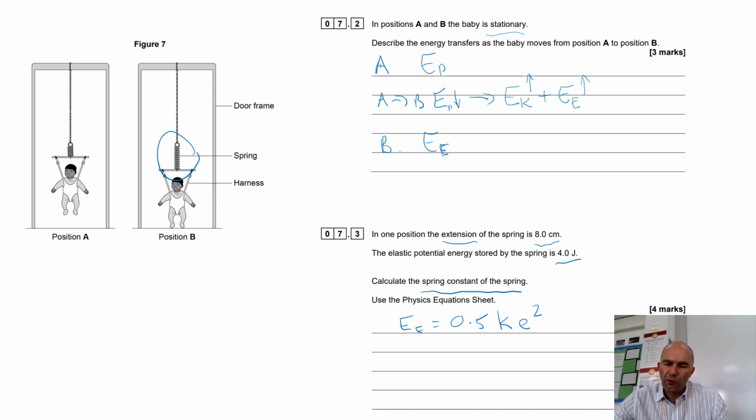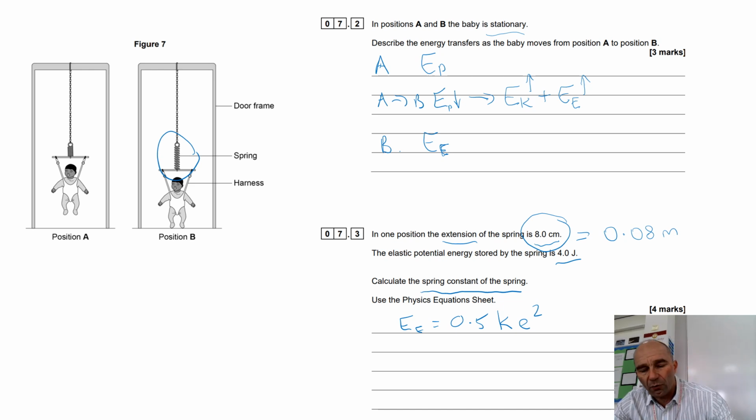Now this is worth 4 marks, so this seems overly generous, so you should be suspicious, and rightly so. This 8 centimeters, we need to turn into standard units, so we need to turn that into 0.08 of a metre. If people are going to go wrong in this question, they'll forget the conversion. Once we've done that, we can just put our numbers into the formula.